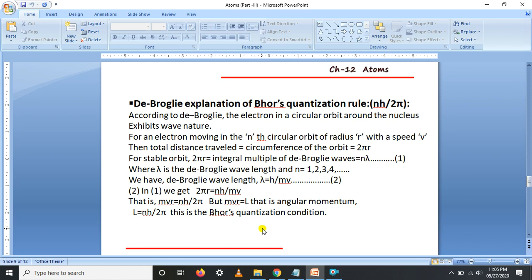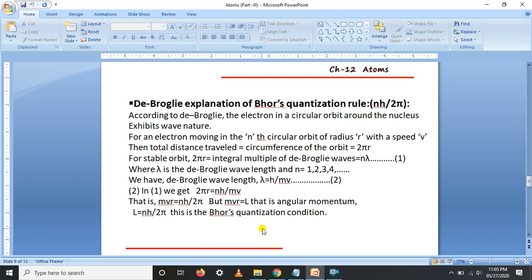So according to de Broglie, the electron in a circular orbit around the nucleus exhibits wave nature. According to Bohr, it is only a fixed circular path, but de Broglie explains that the nucleus is at the center and the electron is revolving in a circular orbit, but the orbit has wave nature.